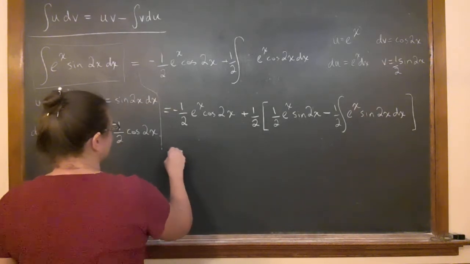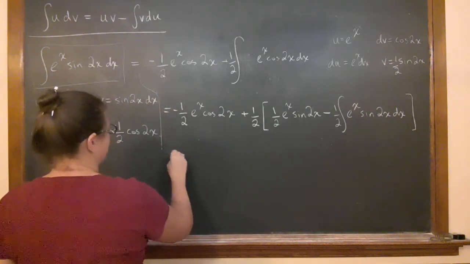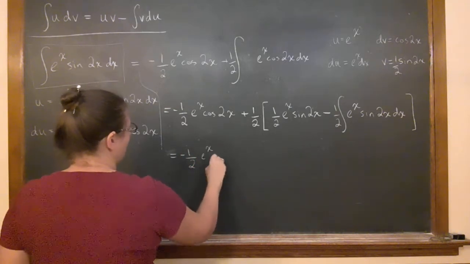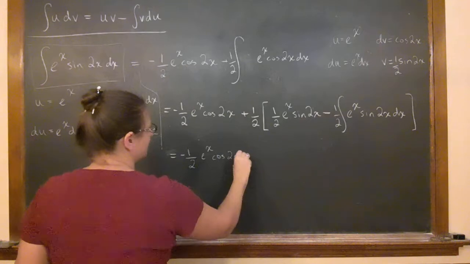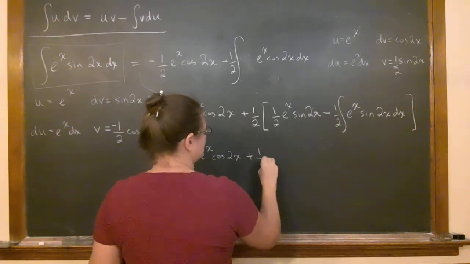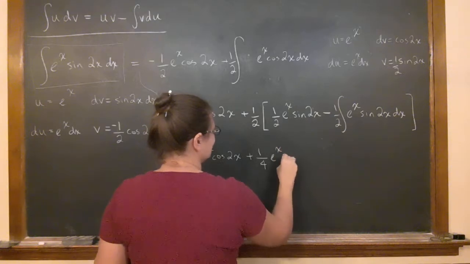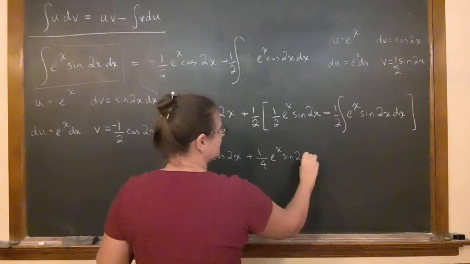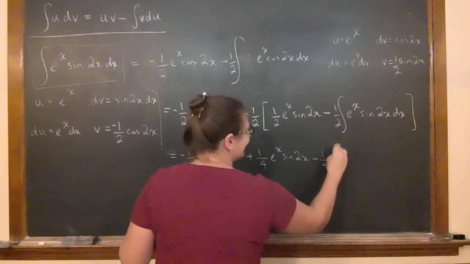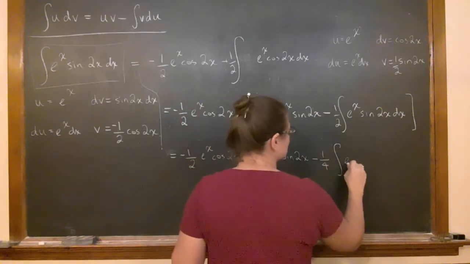What we can do is first rewrite it and get all our constants together, or at least worked out. So this is going to be plus 1/4 e to the x sine 2x, and then minus 1/4 times the same integral we started with.